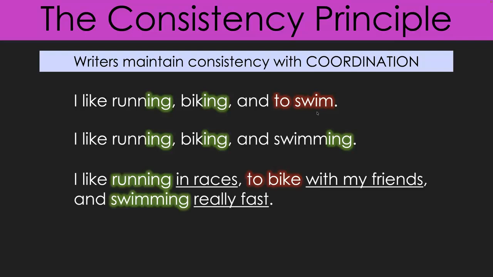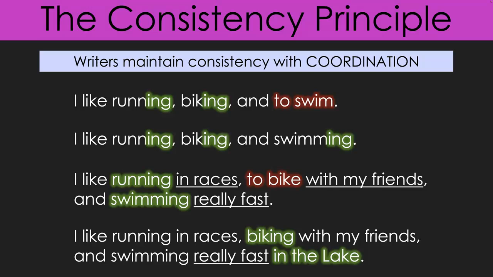Same thing with this: I like running in races, to bike with my friends, and swimming really fast. Here there are actually two consistency problems. We still have the same one where we're doing ing and our infinitive form, to bike, so we want to fix that. But also, look, prepositional phrase, in races, with my friends, prepositional phrase, and then really fast. We could change this a little bit so it flows even better. Again, nothing really wrong with it. It just doesn't flow as pretty as it could.